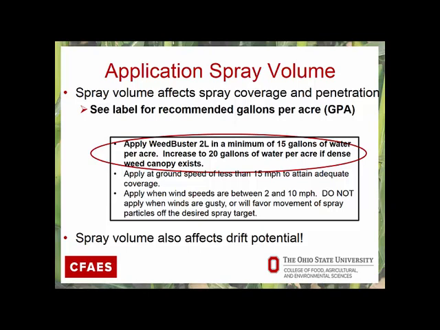But also, fungicides and insecticides may require higher coverage and higher gallons per acre as well. One of the reasons is to get adequate penetration into the canopy of your crop. Spray volume is also important to help reduce drift. Both spray droplet size and higher gallons per acre will help you reduce drift.